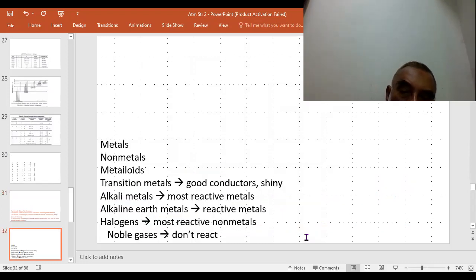The periodic table shows metals, non-metals, metalloids, transition metals, alkali metals, and alkaline earth metals. Alkali metals and alkaline earth metals are reactive metals. Similarly, halogens amongst the non-metals are most reactive. Noble gases are totally unreactive.